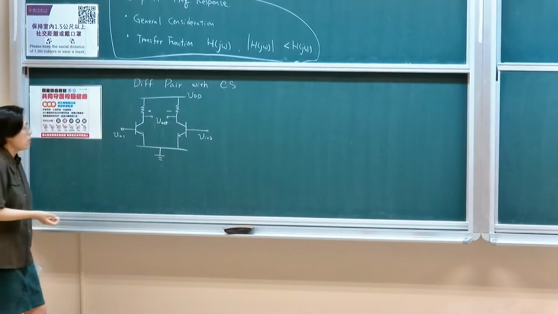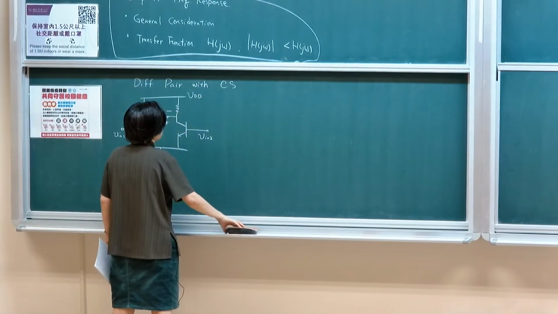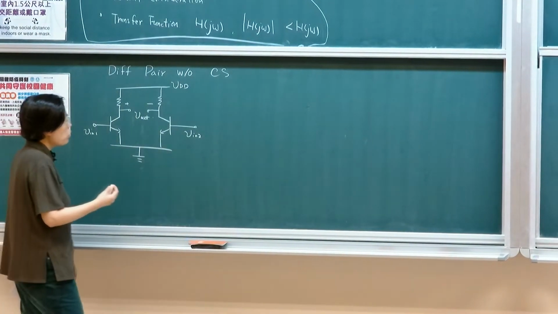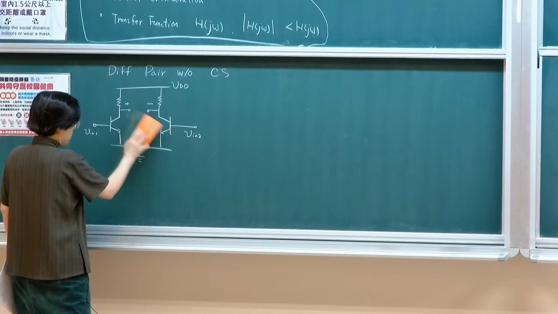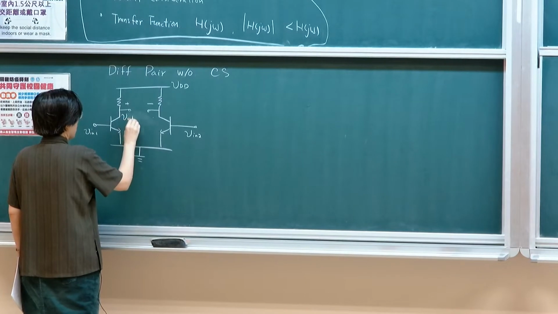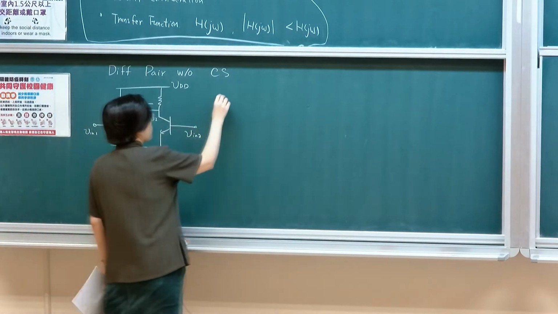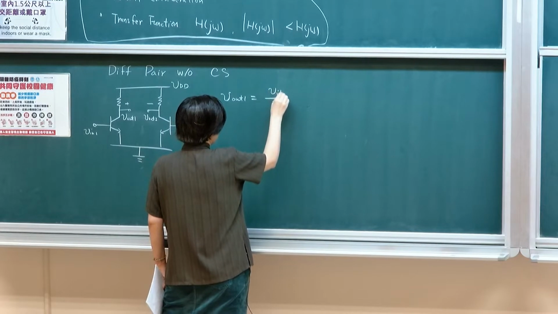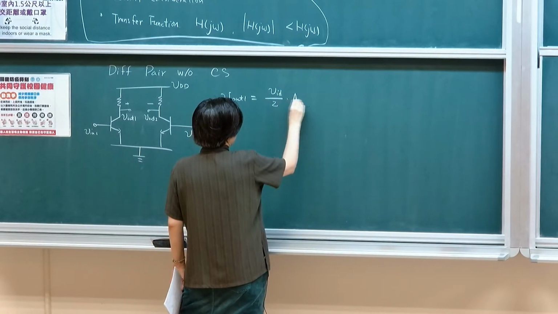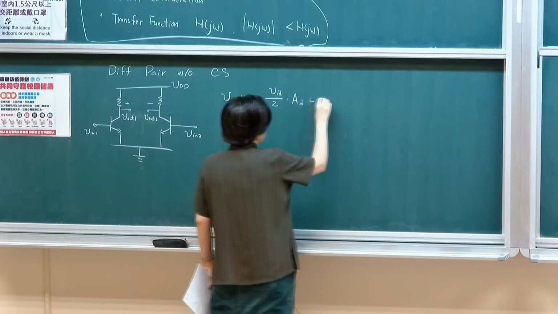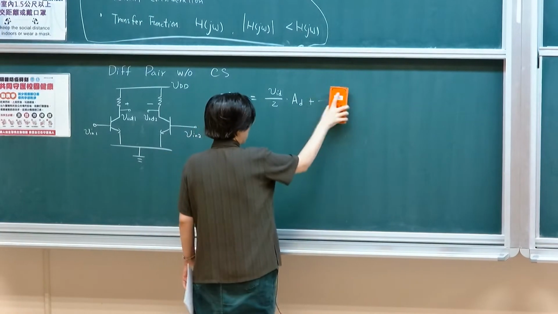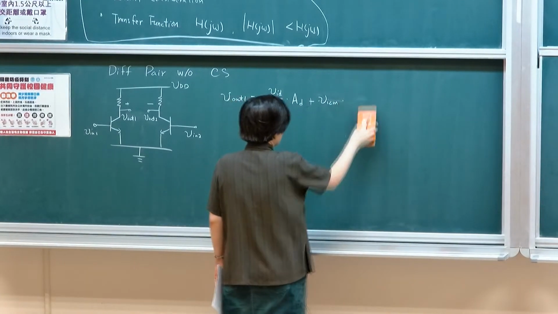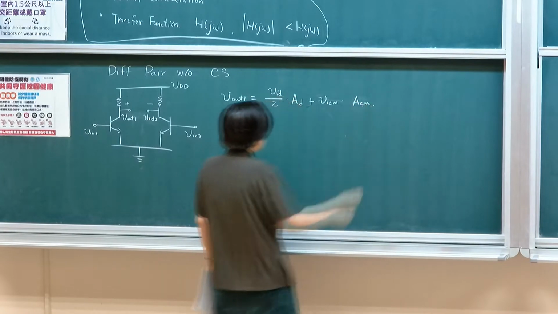When I discuss this, we assume that either one of the outputs, let me be specific, VL1 is the sum of half of your differential signal times the differential gain, plus the common mode signal times the common mode gain. So that was our discussion.